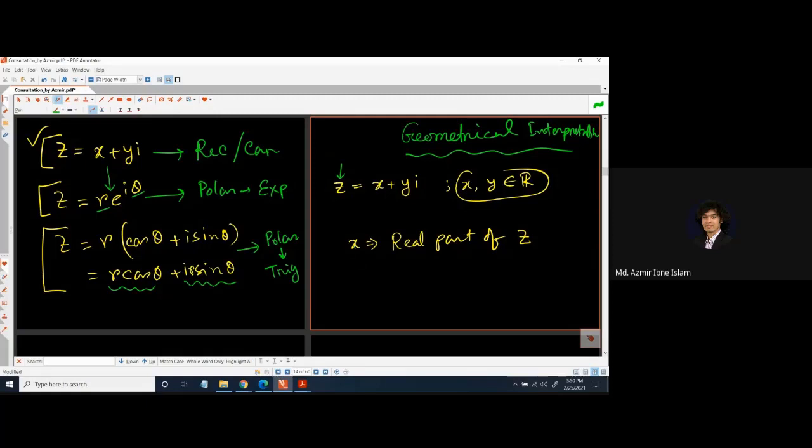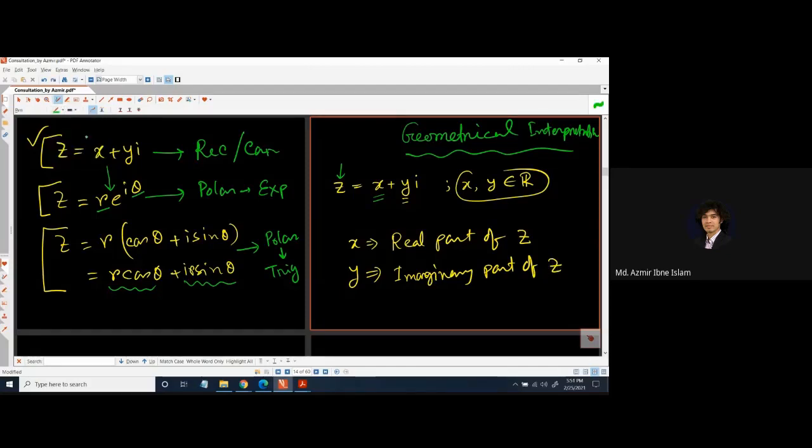So x is the real part of z and y. Since y is attached with i, that means y times i, where i is the imaginary unit. That's why y is called the imaginary part of the complex number z.